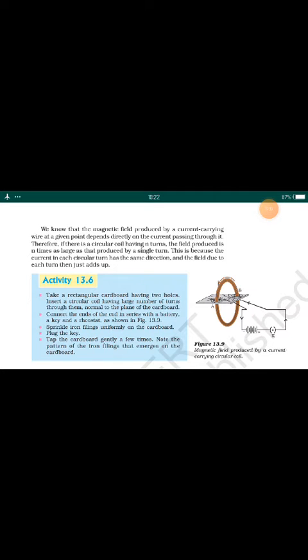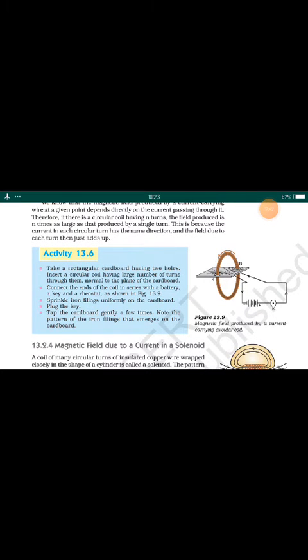current passing through it. Therefore, if there is a circular coil having n turns, कोई भी circular coil में suppose n turns होता है, the field produced is n times as large as that produced by a single turn.